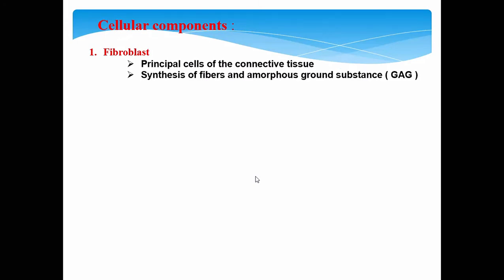So fibroblast, principal cell of the connective tissue, synthesizes fibers and amorphous ground substance, or the GAGs. Okay, it synthesizes fibers. It produces, in simple terms, fibers.